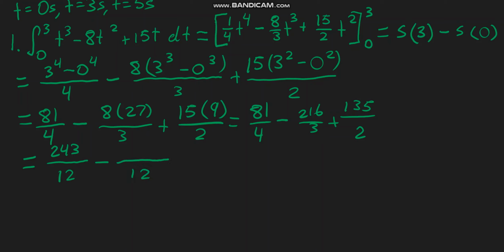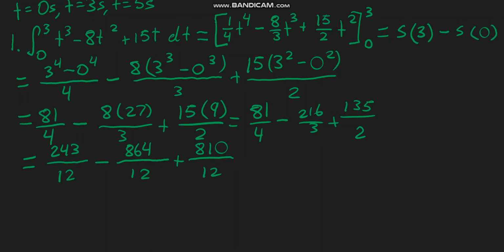From 3 to 12 we multiply by 4, so 216 times 4 is 864, I believe. Then to get from 2 to 12, we multiply by 6, so 135 times 6 is 810. Okay.